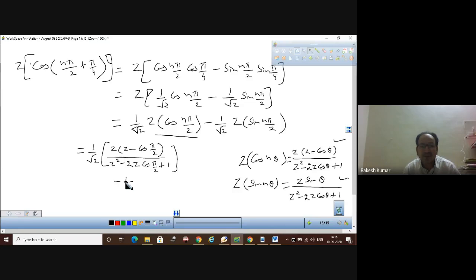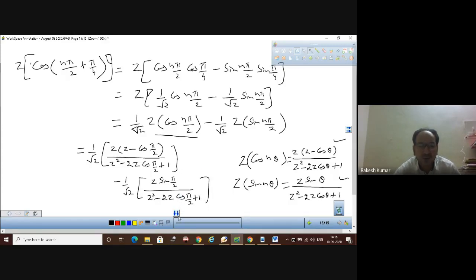The next one is minus 1 by square root 2, and use the formula for Z transform of sine n theta. The second formula is applicable: Z sine pi by 2 over Z square minus 2Z cos of pi by 2 plus 1.